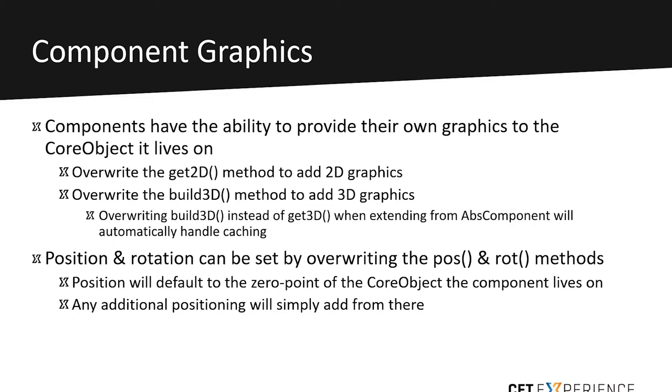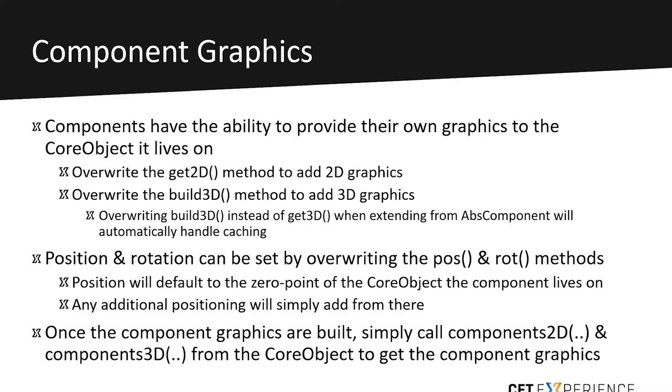You can also, if you know exactly that this component is only going to live on this core object and it's exactly going to be on this spot, technically write your 2D and 3D graphics to go straight to that position from get2D or build3D or whatever. But I generally recommend overriding the position and rotation methods to handle that anyways, because the second you have any variability later on, you'll probably want to have that code there. So I'll show a little bit of that here soon.